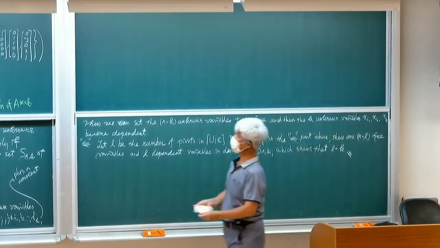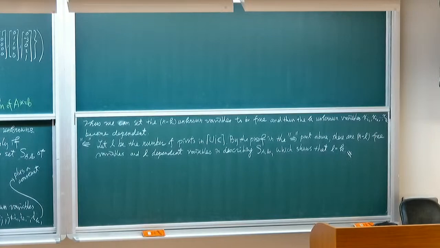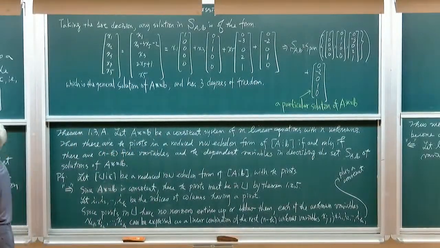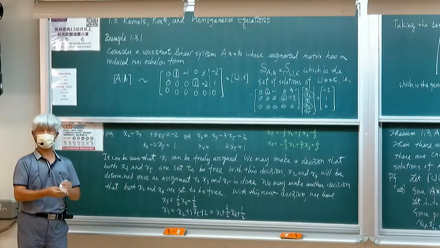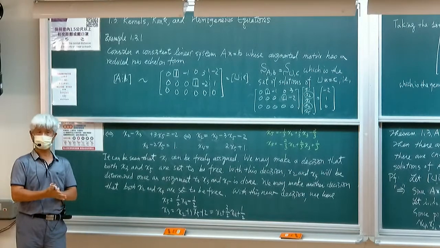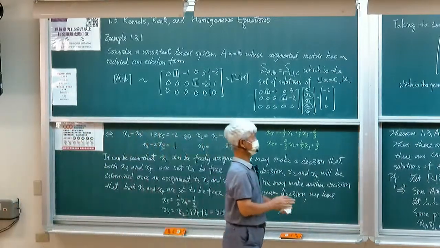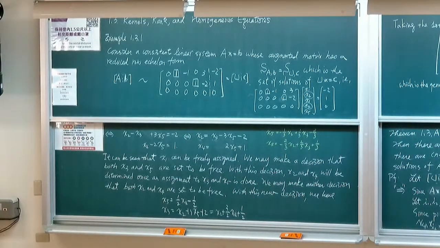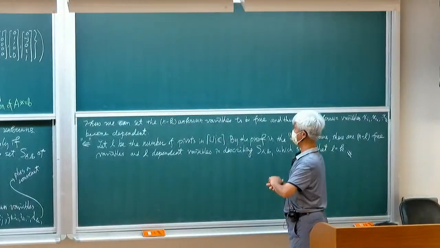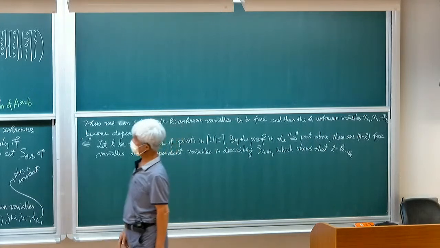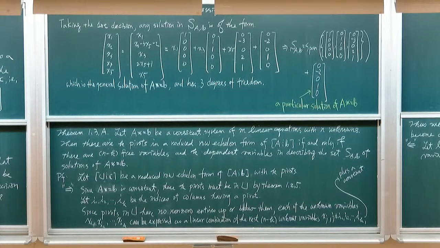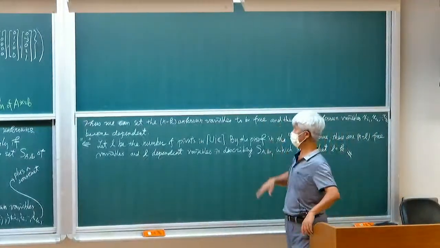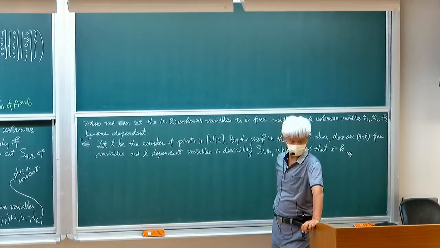Okay, so the theorem is just a generic description of what we have observed in this example. Okay. Any questions? So the number of pivots gives us the number of dependent variables. Okay, and the other variables can be set to be free.